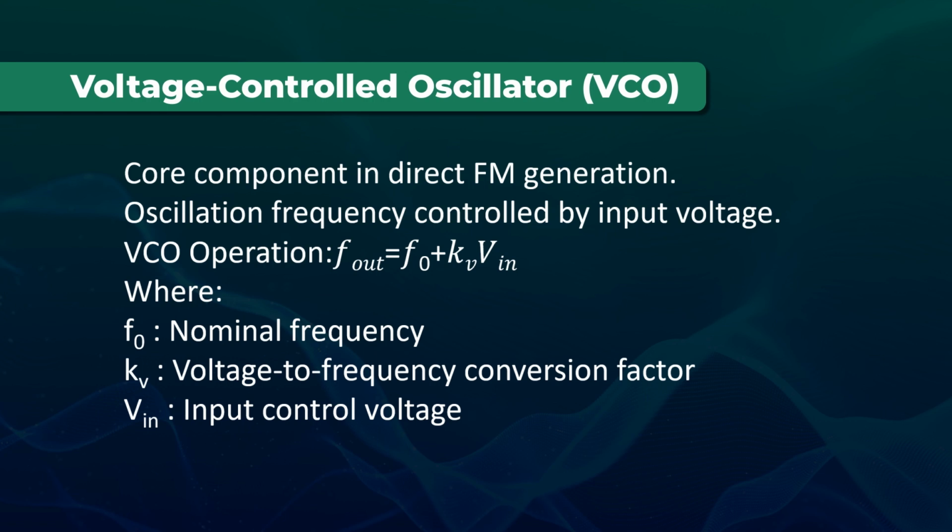It is also represented as V_in. When the modulating signal m(t) is applied to the control voltage V_in, the output frequency F_out of the VCO varies accordingly, producing an FM signal.